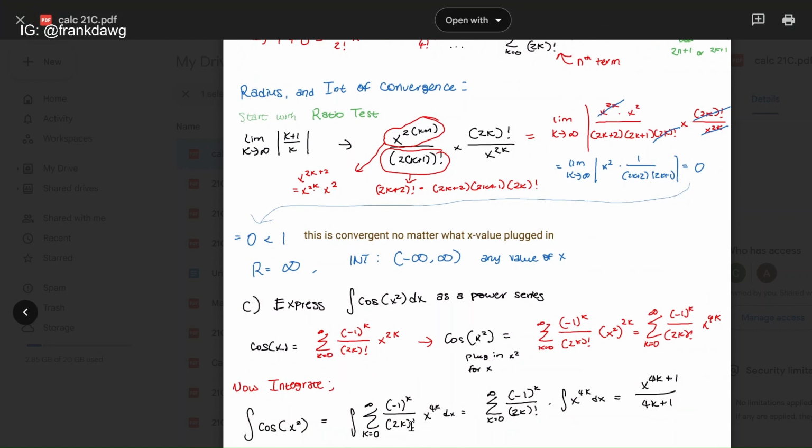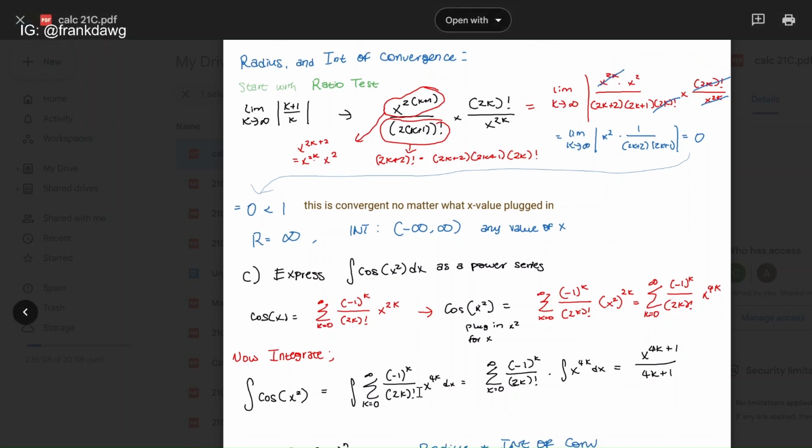Oh yeah, that. Let's say you have the equation of the series, a power series. This is it. And they ask you to integrate it. You just integrate the part with the x right here, which is a variable, x to the 4k. How to integrate? You just add 1 and divide by what you added 1 to, which is that. And that's how you integrate it. And then you add it to the rest of the other stuff.